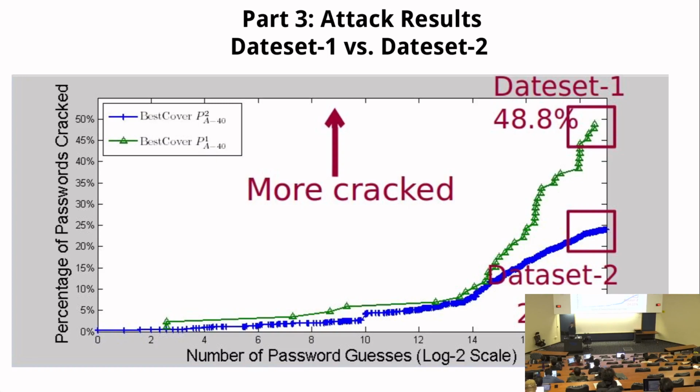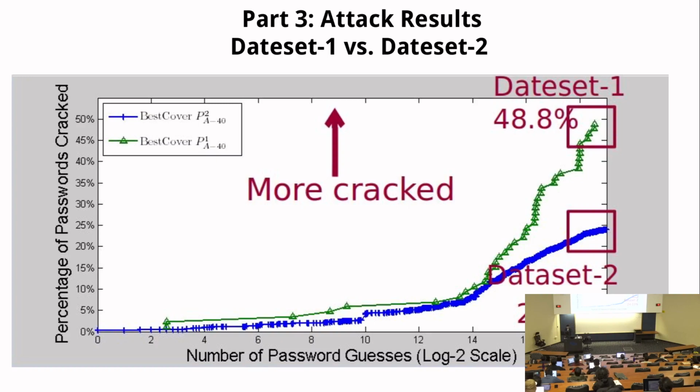So with 500,000 guesses, in dataset 1, we were able to crack almost half of the passwords. It's still a big number. But actually here, at index 0, I believe we cracked hundreds of passwords. So some people choose very weak passwords that we can crack in even the first try or first 5 tries.